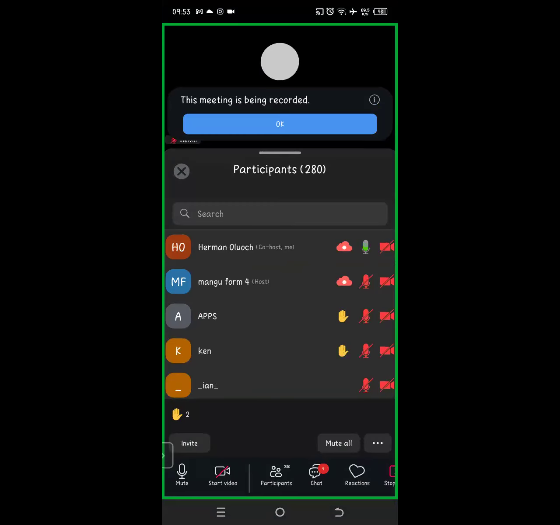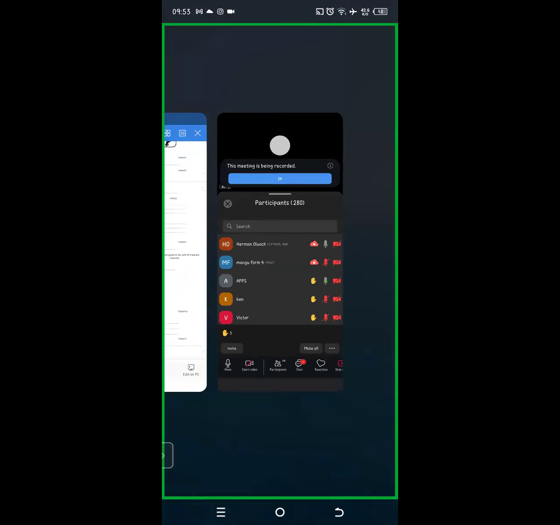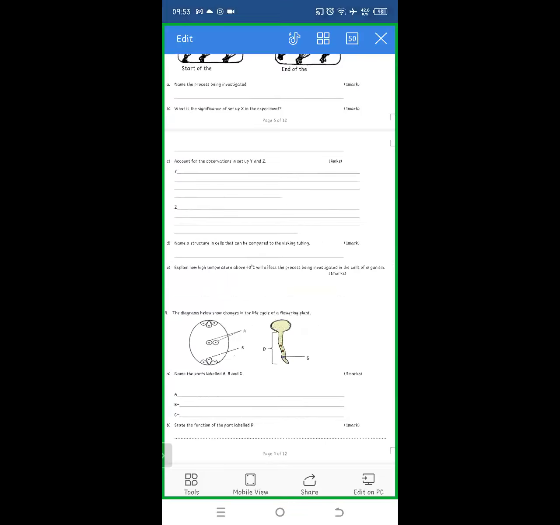Yes, we have APPS. Can you unmute and speak? Teacher, I'll try. Yes, please. Your input is highly appreciated. I believe temperature above 40 degrees denatures the cell.